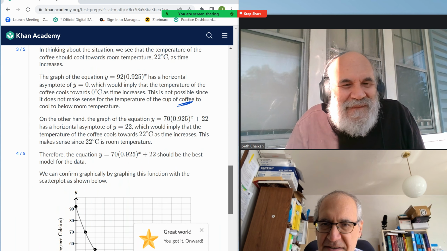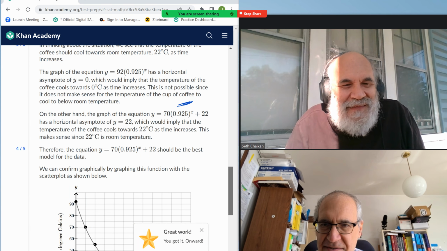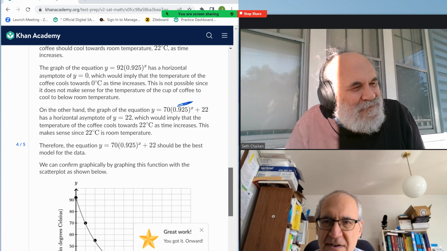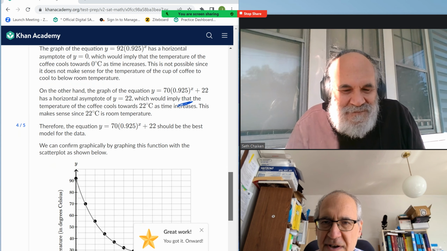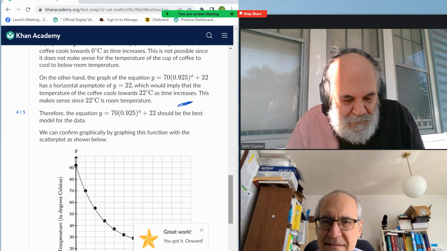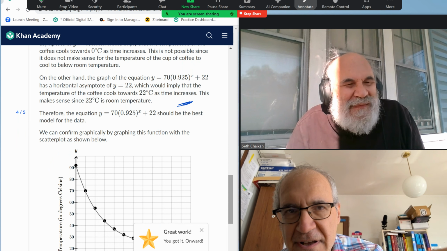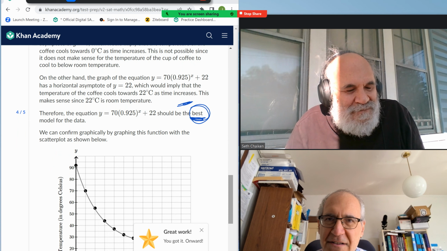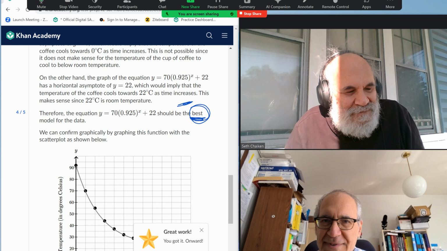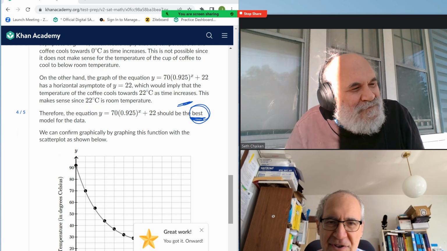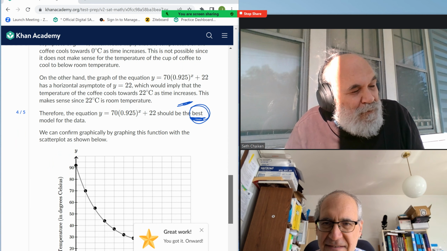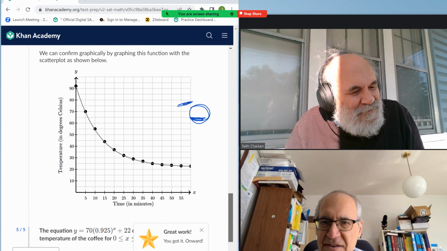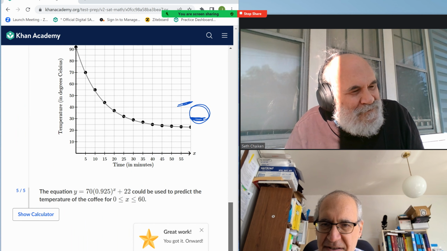The graph has a horizontal asymptote at y equals 22, which implies that it approaches 22. So that is the best model. They use the word best because with these scatter plot questions you're only looking for the best answer, not the absolute answer.